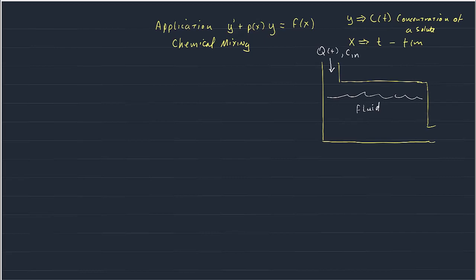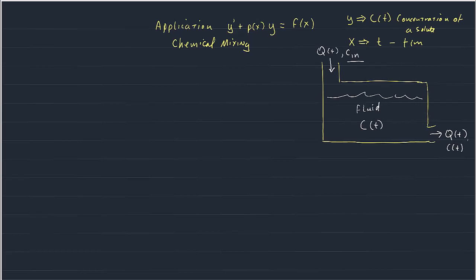So we're adding fluid in with a concentration C in, and the concentration of the solute in the bath is going to change with time, and we're going to remove fluid from our bath with the concentration equal to that of the fluid.